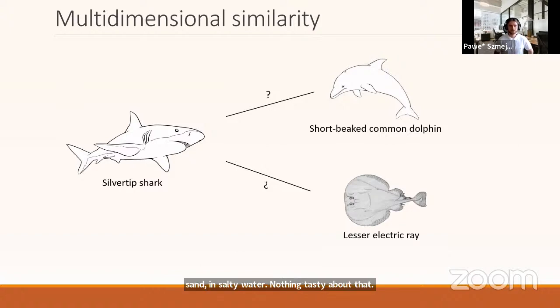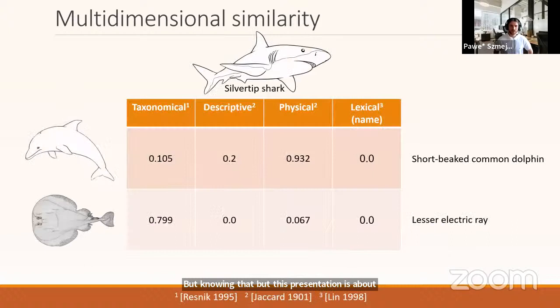But knowing that this presentation is about similarity and dimensions of similarity, we might be surprised to find that we were right from a certain point of view. Notice that the physical similarity between a silver-tip shark and a short-beaked common dolphin, even based on the short excerpt of phylogenetical ontology that I showed you, is quite big. So we were right.